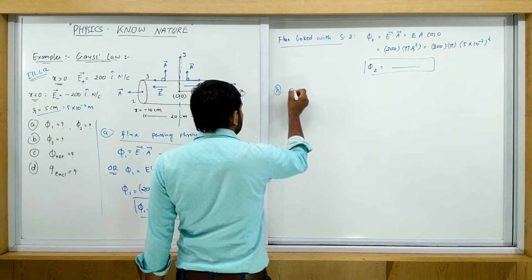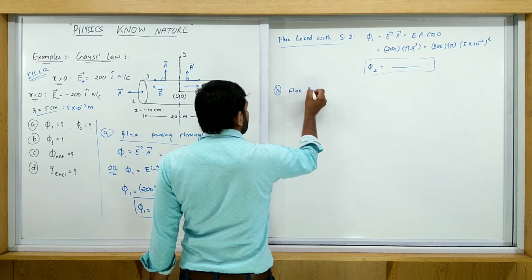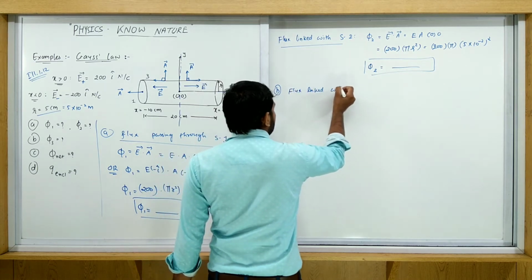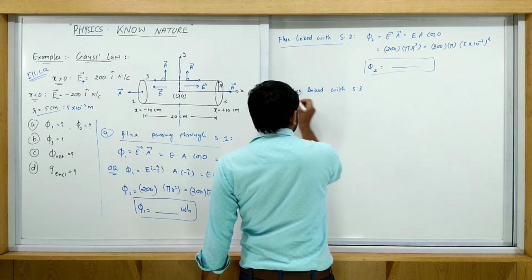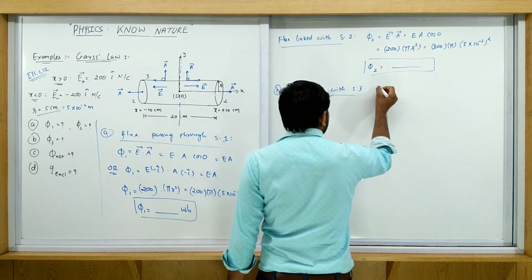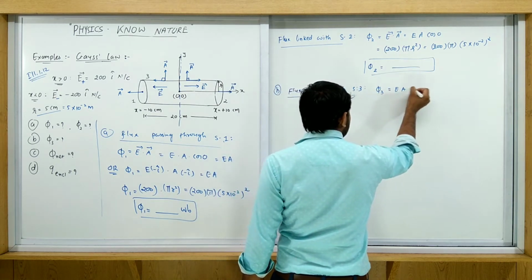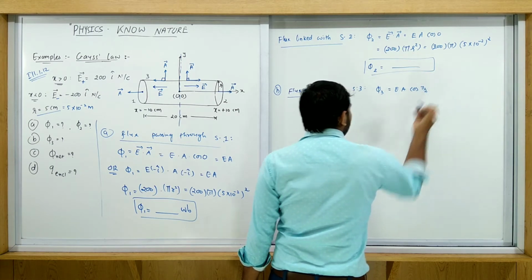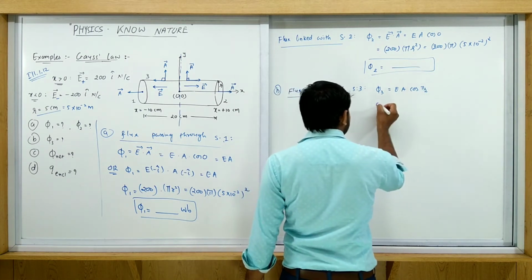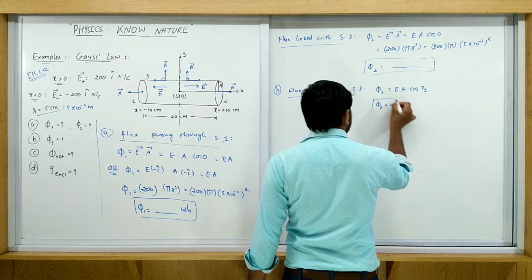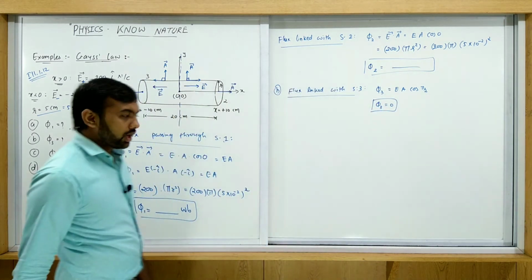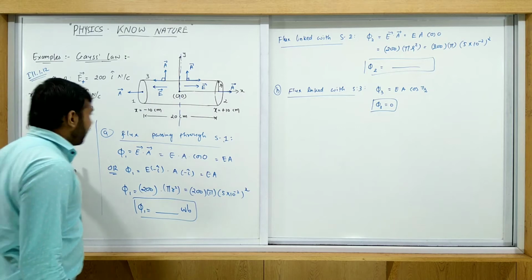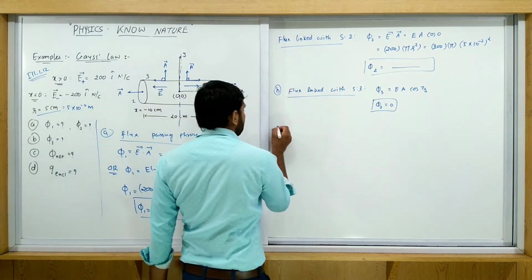So the flux linked with surface 3, phi 3, is equal to EA cos pi by 2. Cos pi by 2 means the answer is 0. So phi 3 is equal to 0. Next, phi net means the total flux.